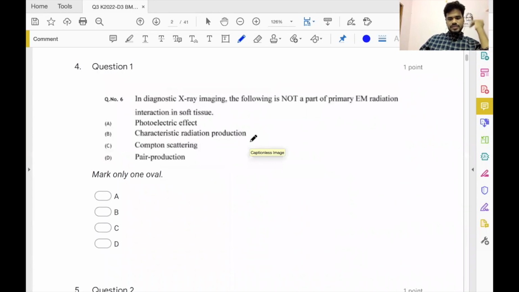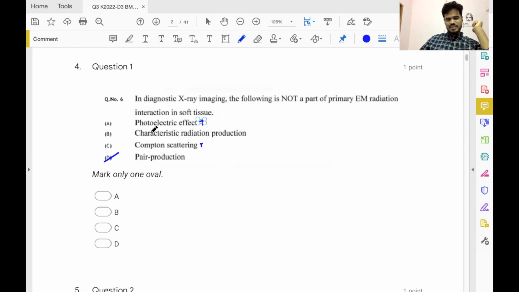Diagnostic X-ray imaging. Which of the following is not a part of primary EM radiation interaction with tissue? Photoelectric effect does interact, and Compton scattering is also there. Pair production involves a lot of energy, so this is not a part of it. Characteristic radiation production also typically is not part of it.